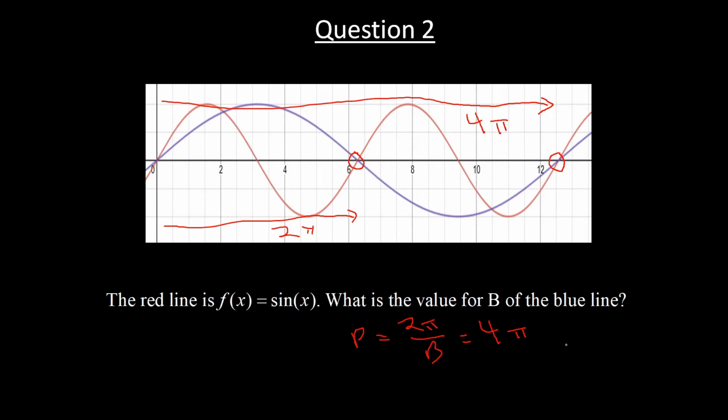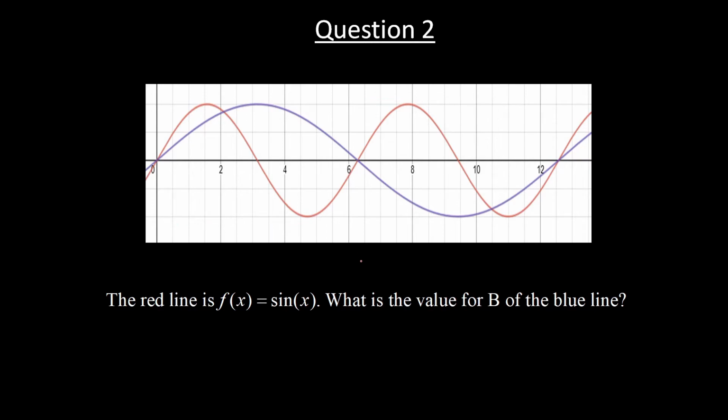And so then we can just do some cross multiplying here to find out that b must be a half. And that's the answer. So the blue line is sine of 1/2 x.